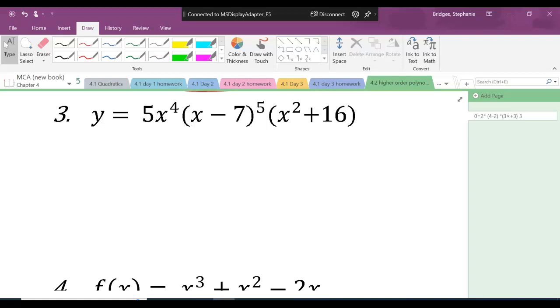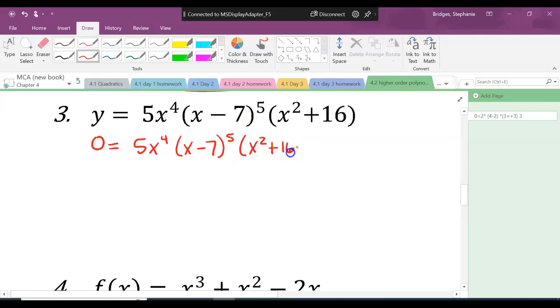So again, we're going to take the y and we're going to replace it with 0. And the reason we're doing that is whenever y is 0, that allows you to solve for x. Okay. So we're going to start with the first part. If I take 5x to the fourth and set it equal to 0, what am I going to get for x? 0, but it's going to happen how many times?